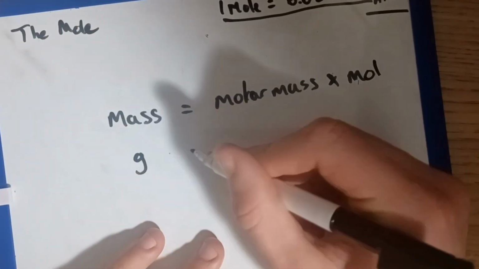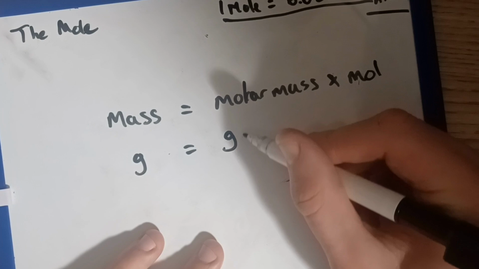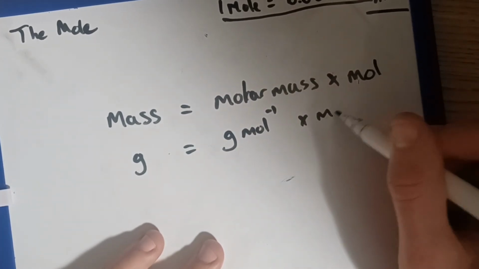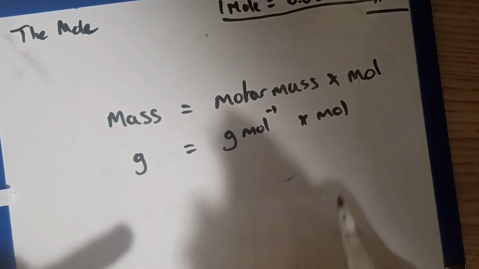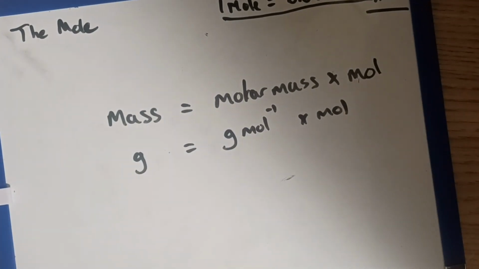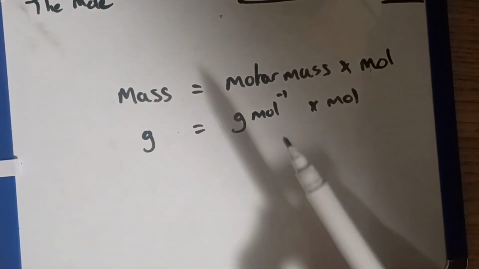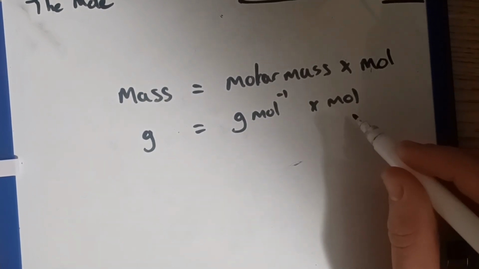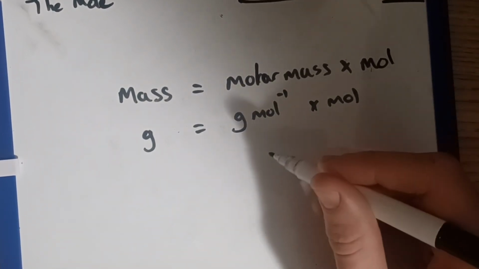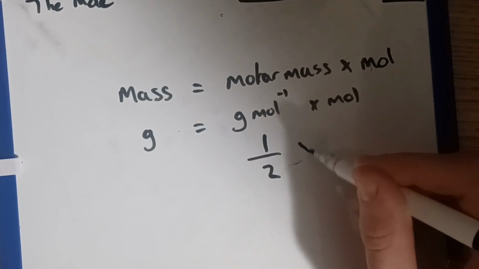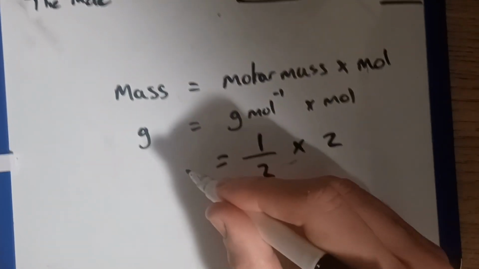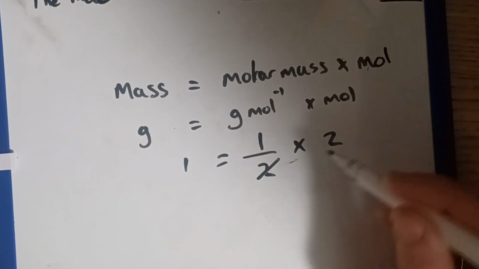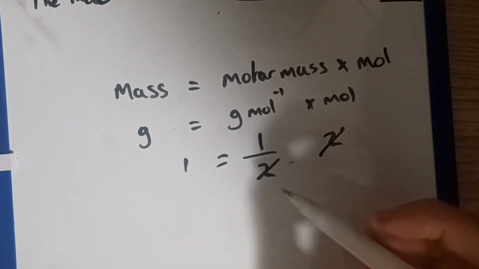So grams equals grams mole minus 1 times mole. Both equations do exactly the same thing. As you can see on the units, something to the minus 1 times something without a minus 1 just cancel out. So if you look at it like 1 over 2 times 2, it just goes to make 1, because all this is doing is just cancelling out to give you 1.